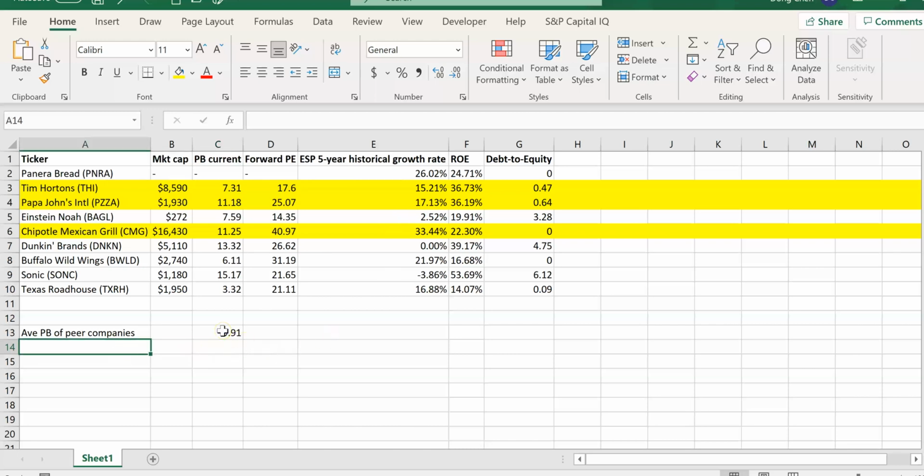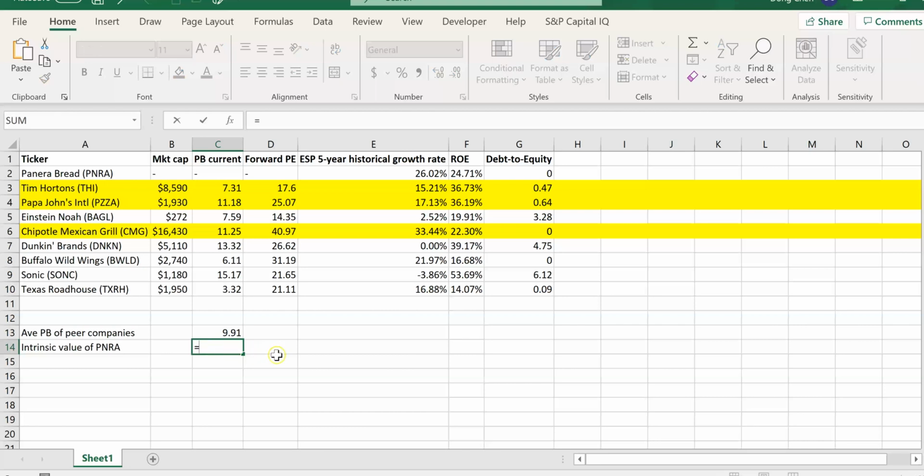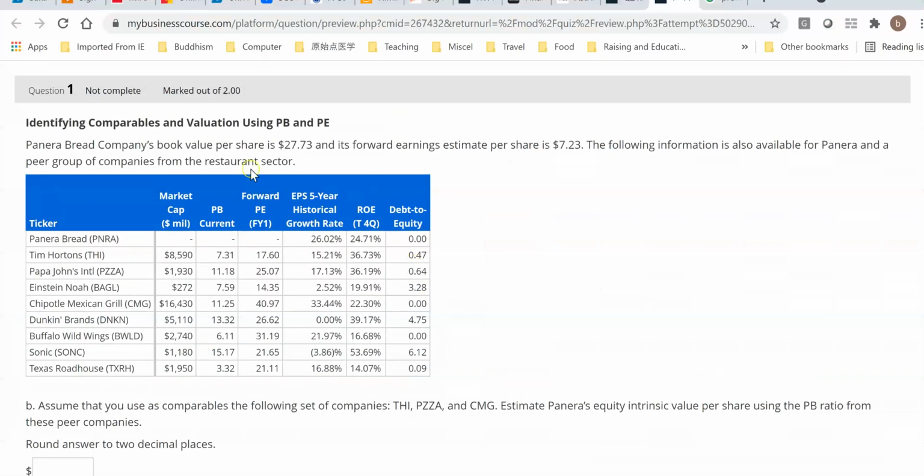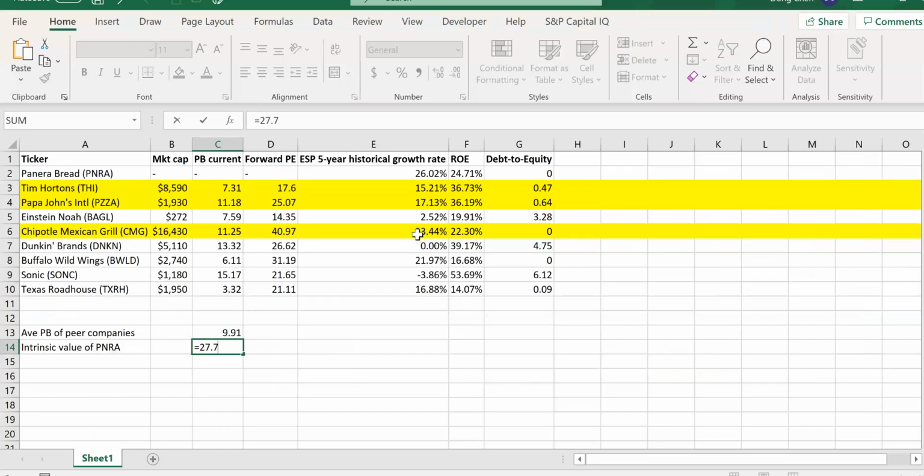And then I can use this PB ratio to value the intrinsic value of PNRA. This can be done by multiplying the book value per share, 27.73, by this PB, because PB is price divided by the book value per share.